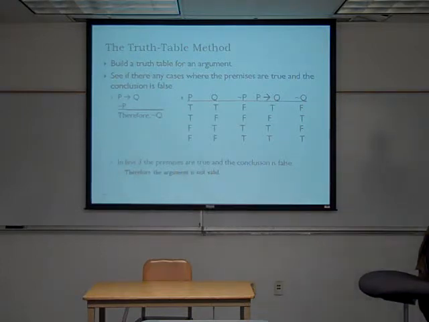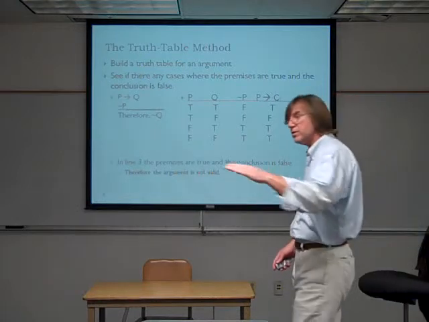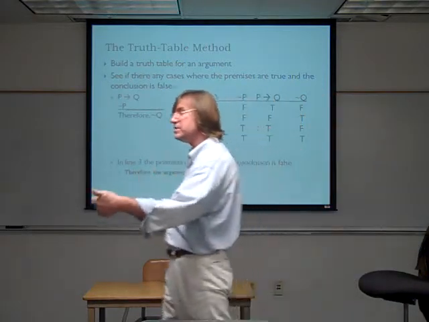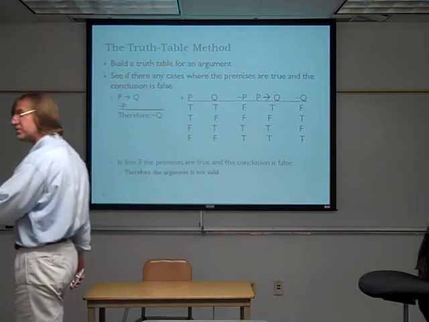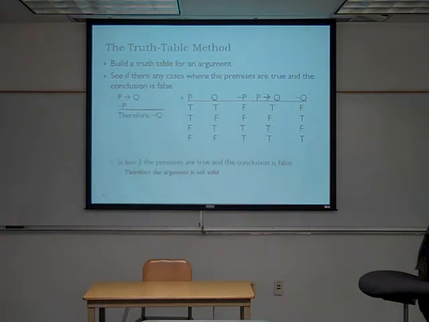So that's the goal in the truth table method: to prove either that there is one line where the premises of the argument are true and the conclusion is false, and therefore the argument is invalid, or that that's not the case and that the argument is valid. Either way, when you construct a complete truth table, you will be able to tell.